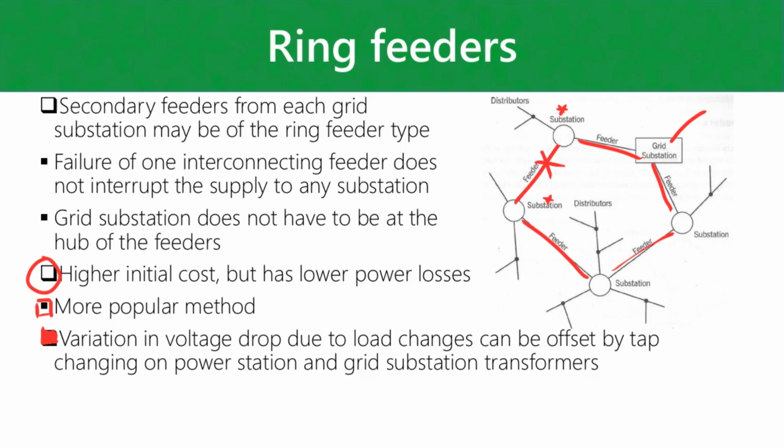As the load increases or decreases, you adjust the voltage level by adding or subtracting turns on the transformer. Adding turns to the secondary side will step up the voltage a little bit, and taking away turns will bring the voltage down a little bit. It's usually within a percentage range, so it's not going to be a drastic change in voltage.